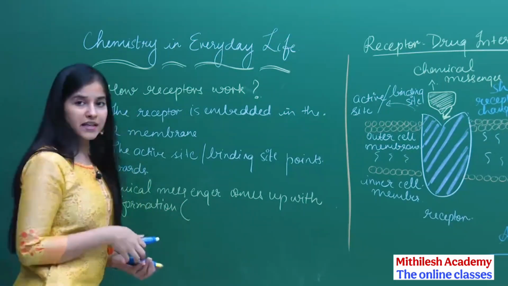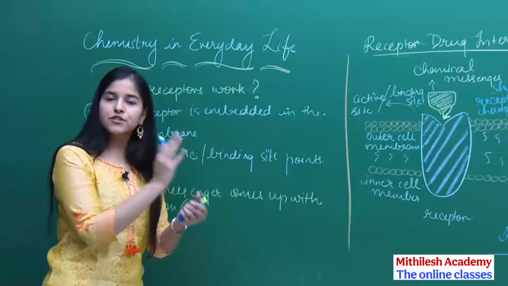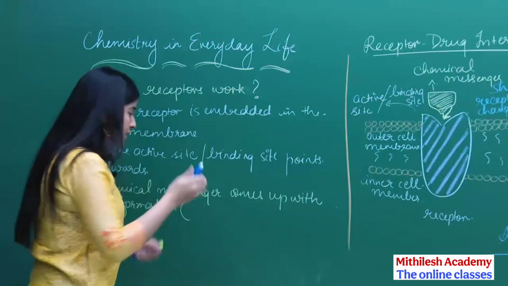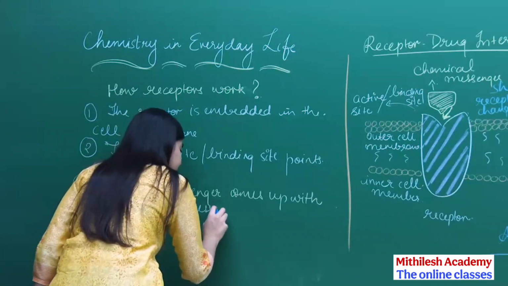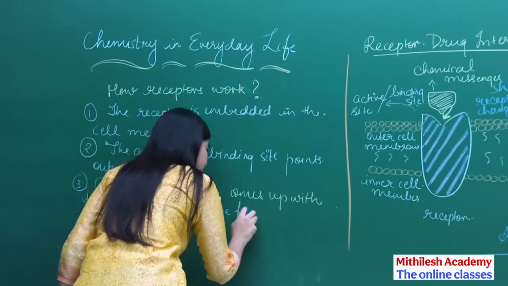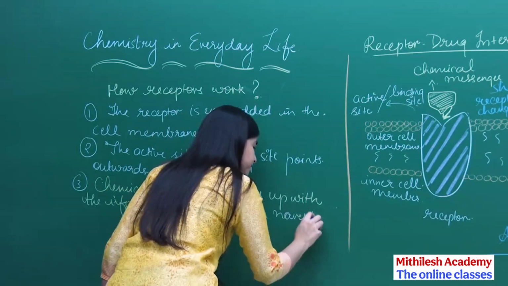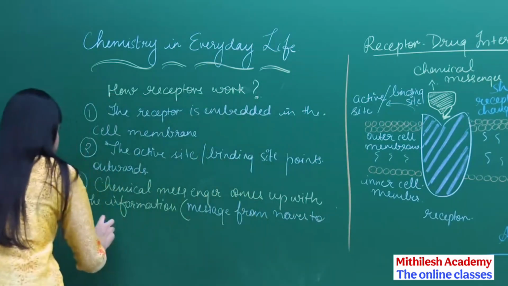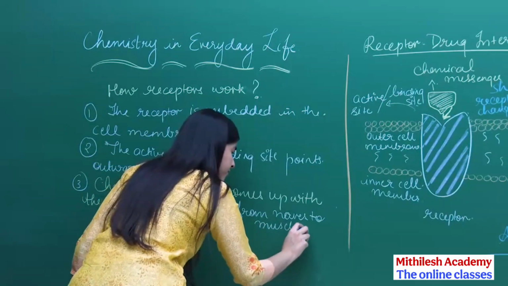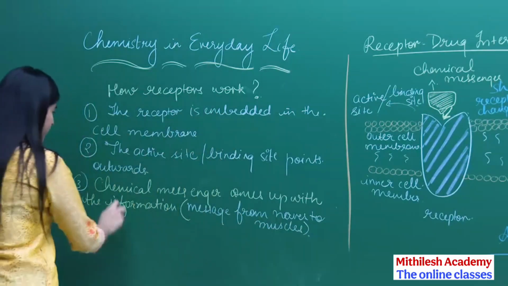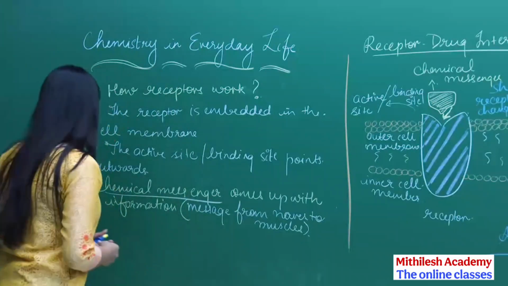How it came up is by transferring the messages from nerves to the muscles. So message from nerves to muscles. Let me just write that over here only. So that is what a chemical messenger is. First of all, it carries the information.